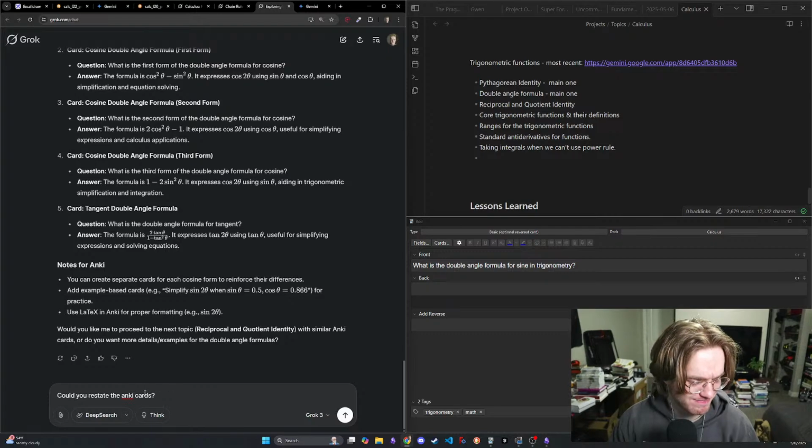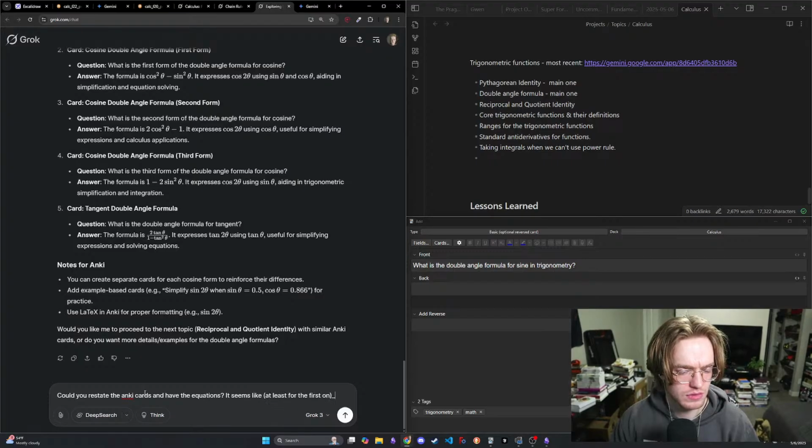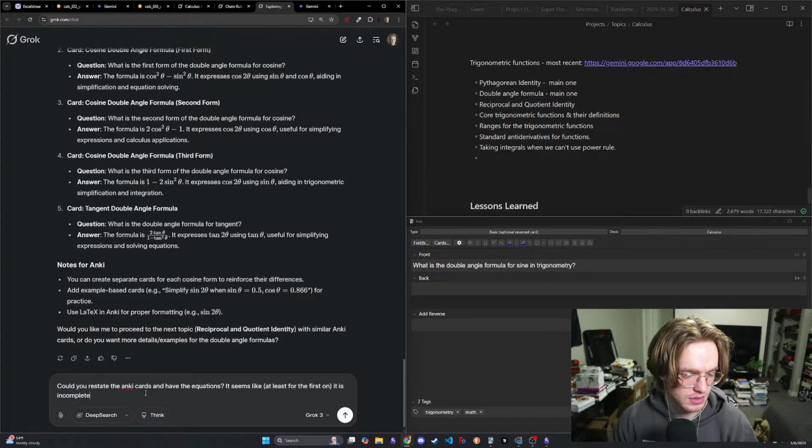It's and have the equations. It seems like, at least for the first one, it is incomplete. Set of expressions.